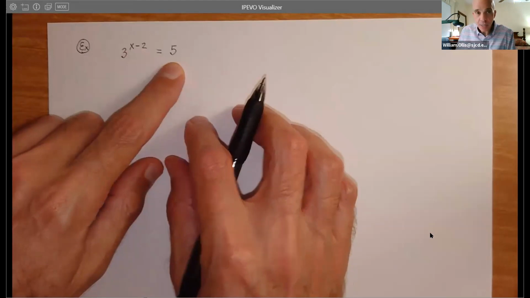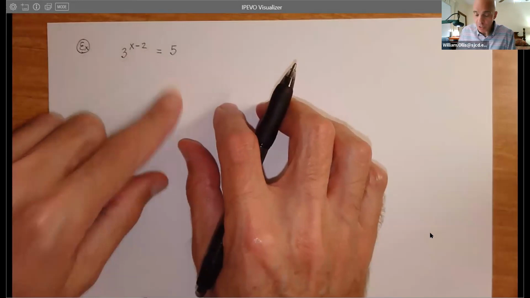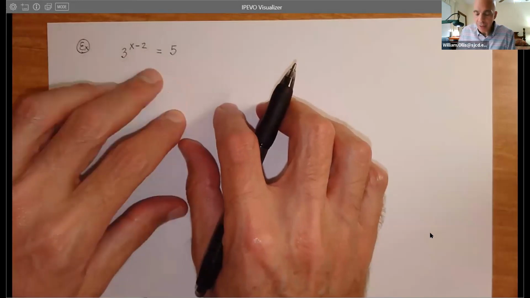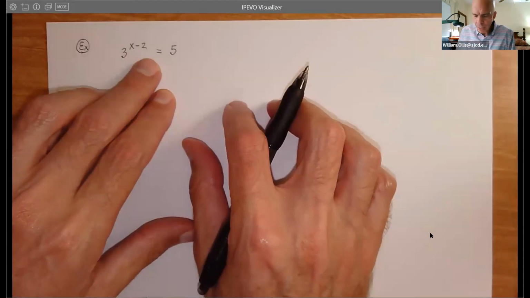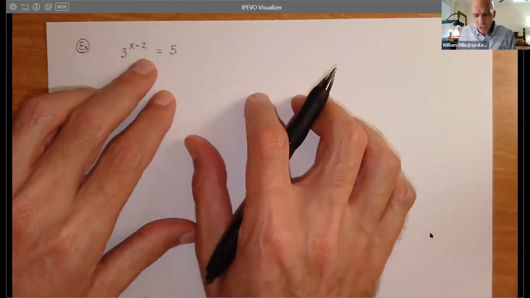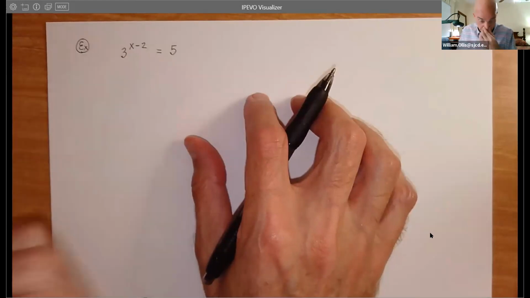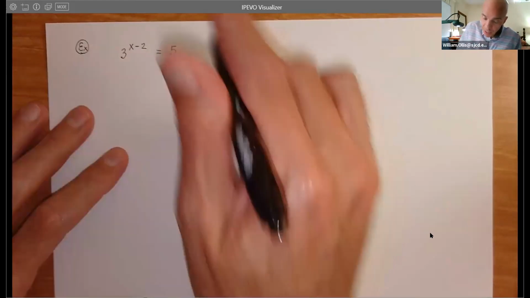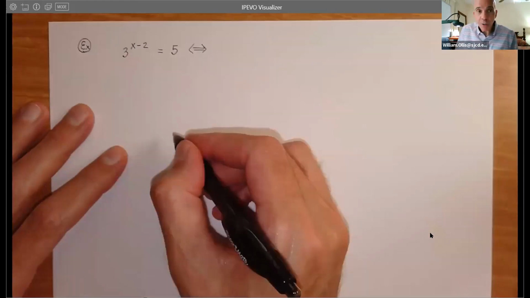And of course, this does make sense. I could write down an equation that has no solution, but I won't always do that. We want to see what we can do with this. So now we're thinking, okay, I can't really do much with this because the x minus 2 is an exponent of 3. But I can write this in the corresponding logarithmic form.